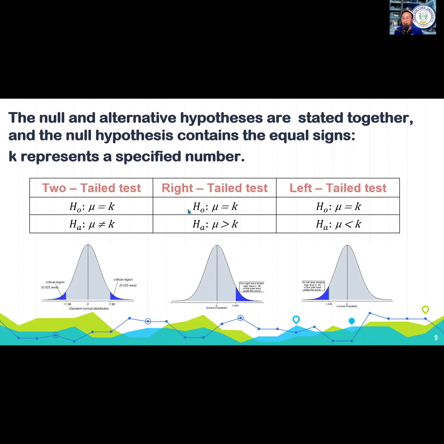We use a right-tailed test if we use greater than for our alternative hypothesis, and we only consider the critical region on the right. We use the left-tailed test if our alternative hypothesis uses the less than symbol, and we only consider the critical region on the left.